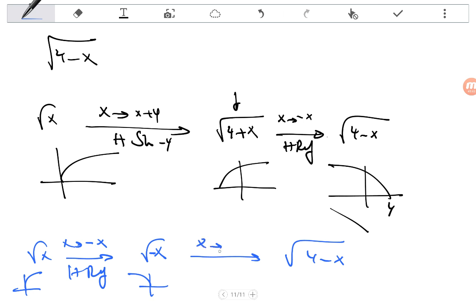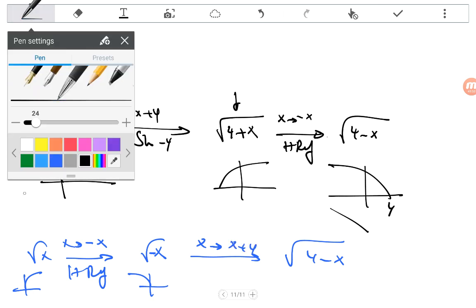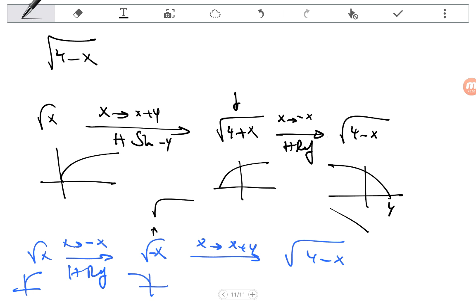I want to replace every x with x minus 4 or plus 4? Plus 4. Let's check this. If I replace every x with x plus 4, what would happen? Is it correct?